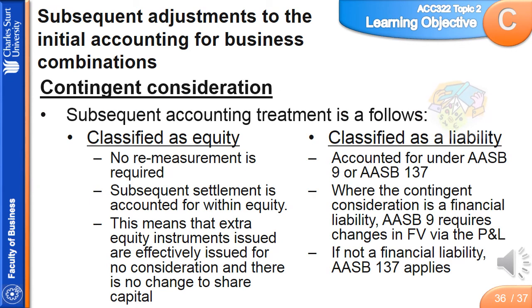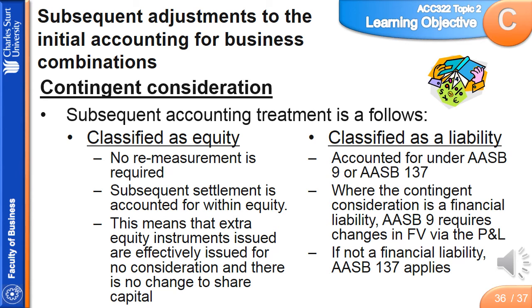And just a little bit more to discuss about contingent consideration, the subsequent accounting treatment. If it's equity, there's no remeasurement required, and any subsequent settlement is accounted for within the equity. However, if it's a liability, it's accounted for under either AASB 9 financial instruments or AASB 137 provisions and contingent liabilities and assets.